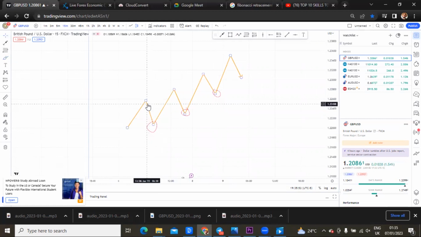You don't want to trade wrongly in the retracement. You want to catch it when the buy momentum is coming in. That's what you want to buy, when the buy momentum is starting.